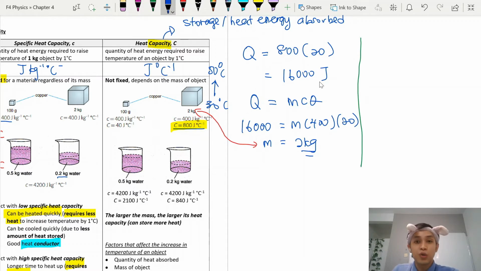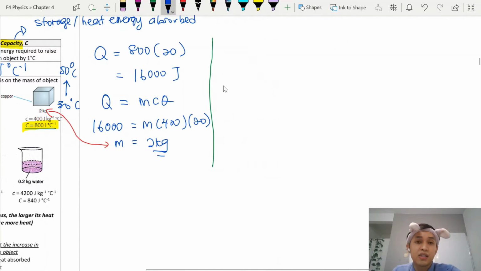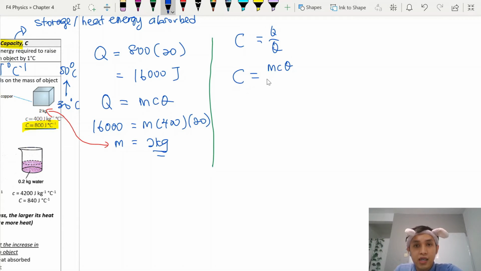All right, so there is actually a relationship between the two formulas here. This one, C equals Q over theta. This is the formula for your heat capacity. If I were to substitute the Q with m c theta, right, these two things we can cancel off.